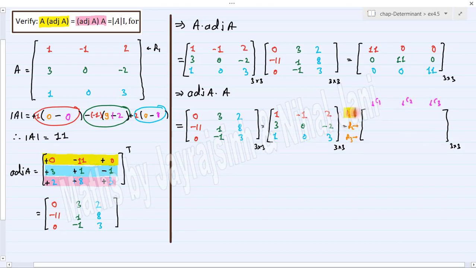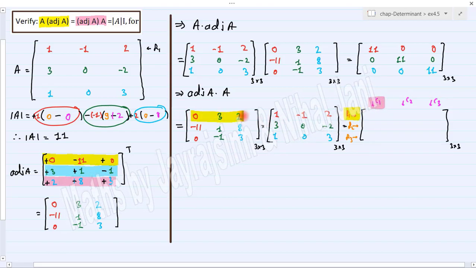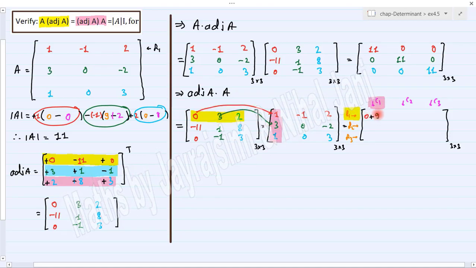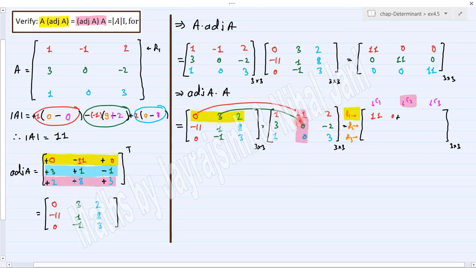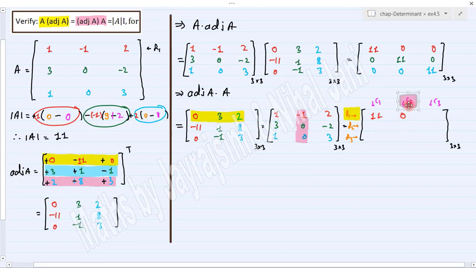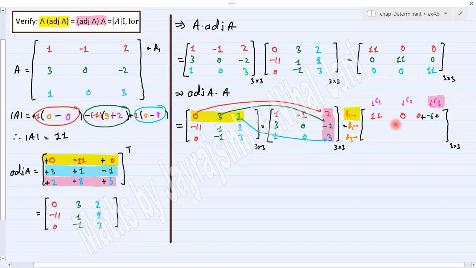Now let's obtain your first element, in first row and first column. For that we multiply corresponding terms of first row and first column. So you'll get 11. Now obtain the second element by multiplying first row and second column. So here we'll get 0. And the last element of first row is obtained by multiplying first row and third column. So it will be 0.